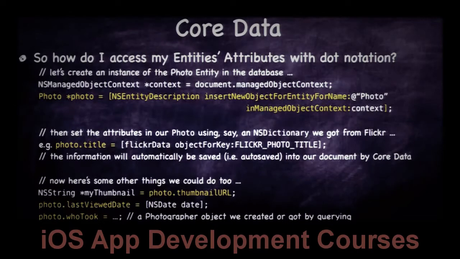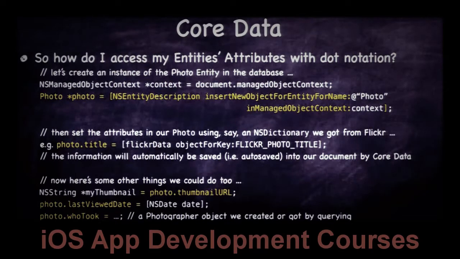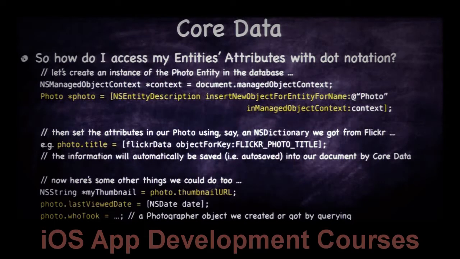I could set that as the photo's last viewed date. I can obviously do photo.whoTook equals some photographer object, but I can even say photo.whoTook.name equals the name of the photographer. So if I have a Photo *, I can actually set the name of the photographer who took that photo. Okay, so I'm just using dot notation.